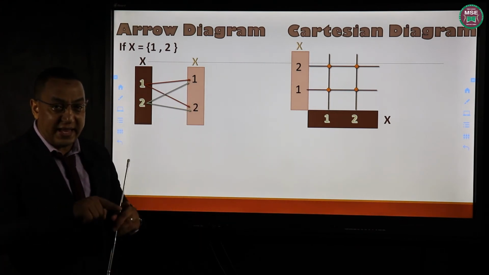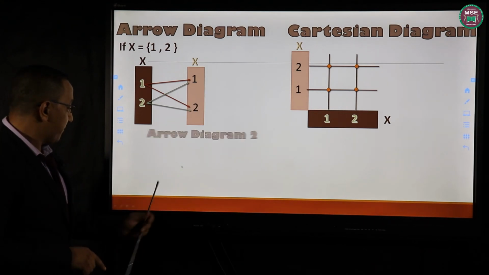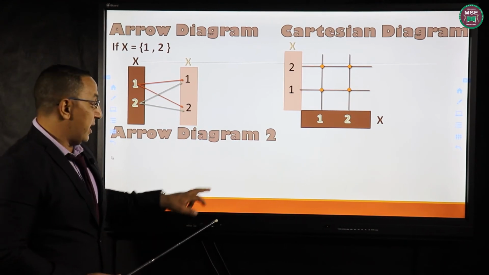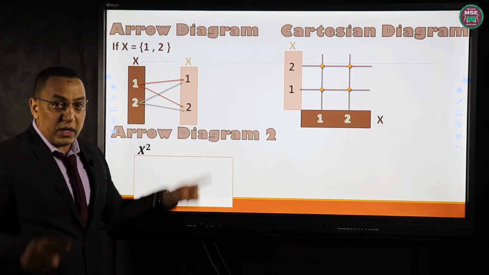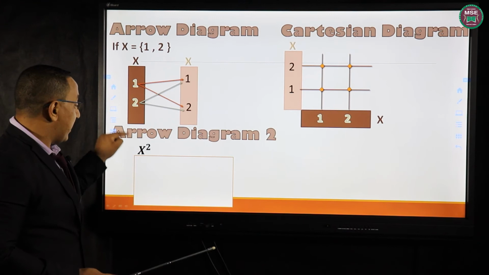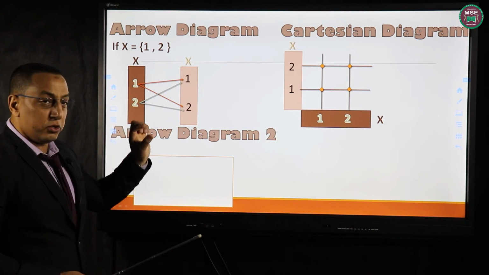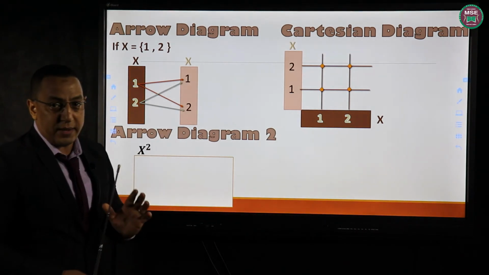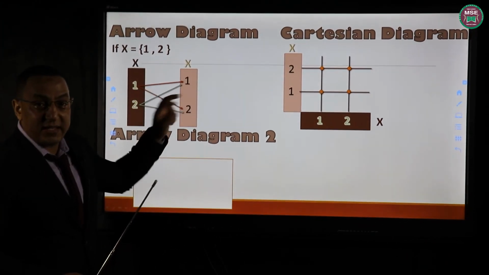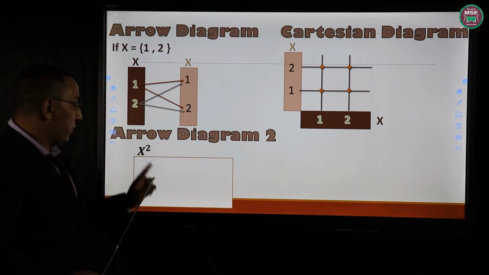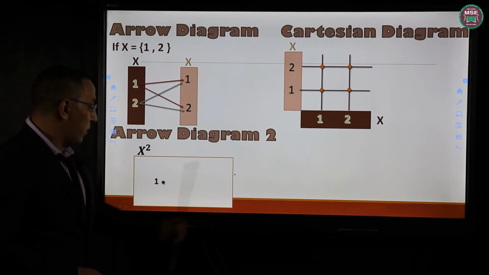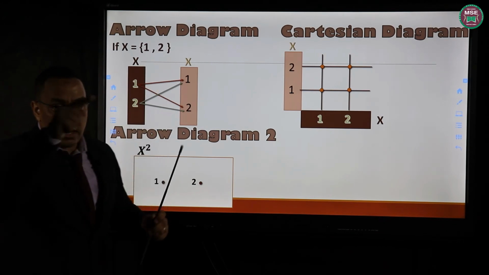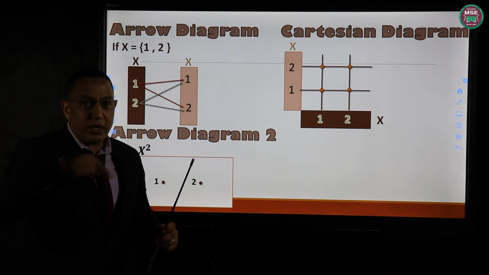I'm going to draw a rectangle, and above the rectangle I'm going to write X power 2, which is read as X² or X times X. Now we have inside X 2 elements, 1 and 2, so I'm going to write 1 and 2 like this, and connect the elements by arrows, but they are circular arrows like this.